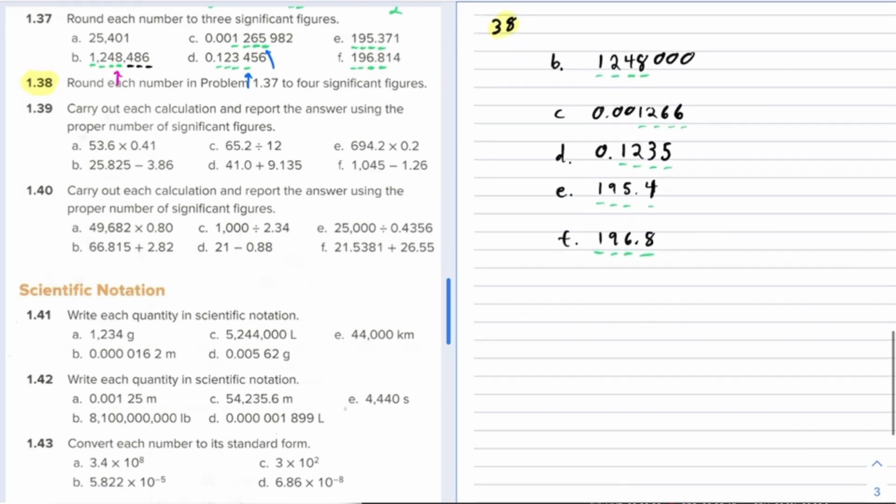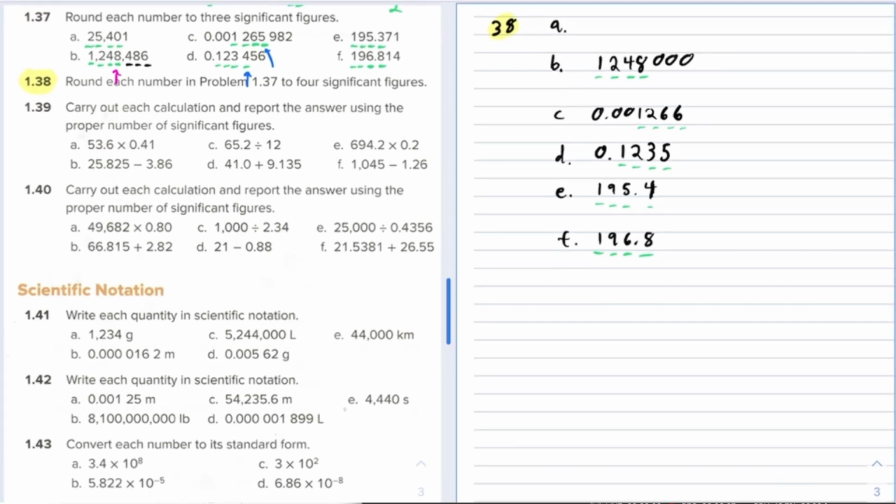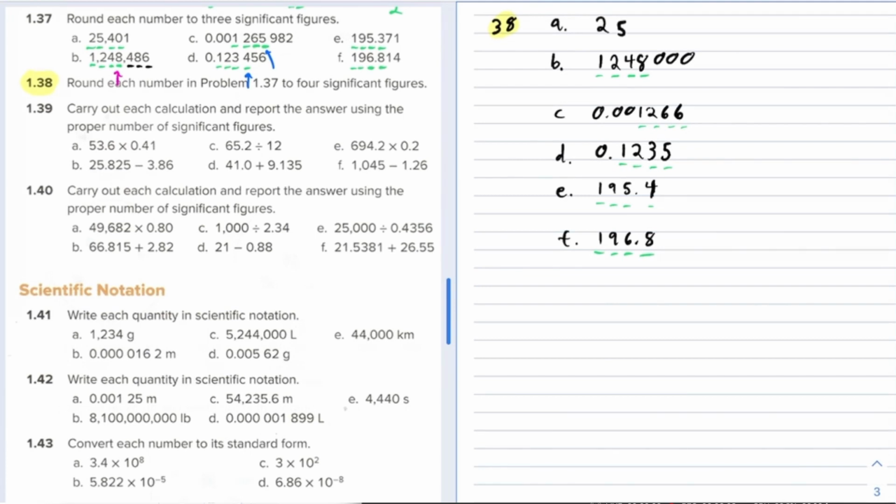Let's go back to A for a second. I want to point something out. So here's A: 1, 2, 3, and then 4. You're going to round at that fourth position, and the next digit is a 1, which is 4 or less, so it's going to chop off. So it's going to look like this: 2, 5, 4, 0, 0.